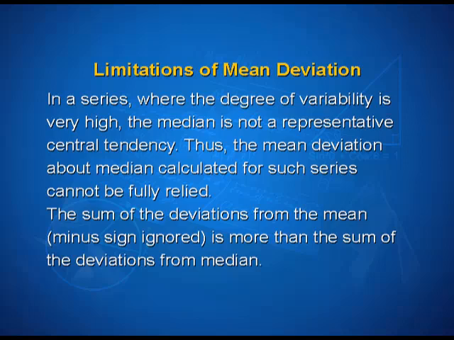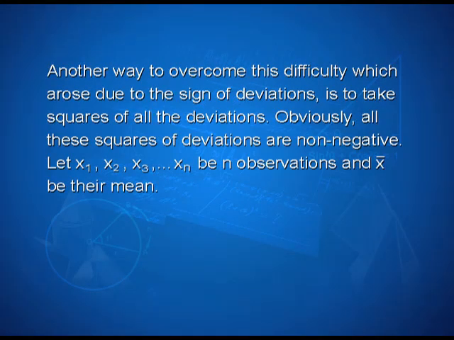The sum of the deviations from the mean, with minus sign ignored, is more than the sum of the deviations from the median. Another way to overcome the difficulty which arose due to the sign of deviations is to take squares of all the deviations. Obviously, all these squares of deviations are non-negative.